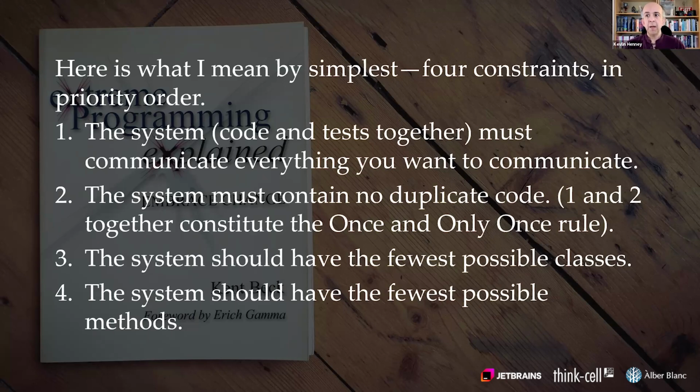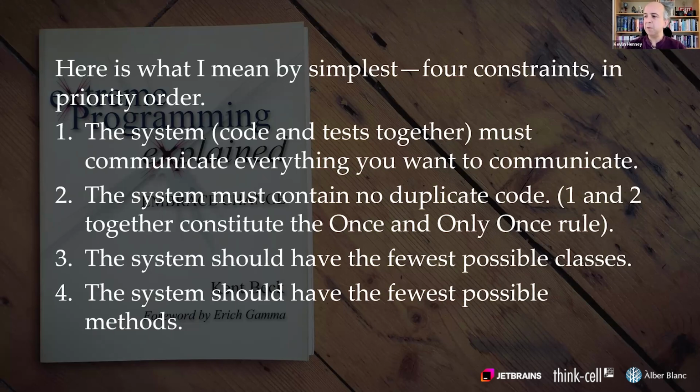So when I say communicate, notice that we're talking about concepts, ideas, types, constraints on types. Notice that Kent does not say the system must do everything you want to do. That's easy. That's just your imperative kind of coding styles. It must communicate.